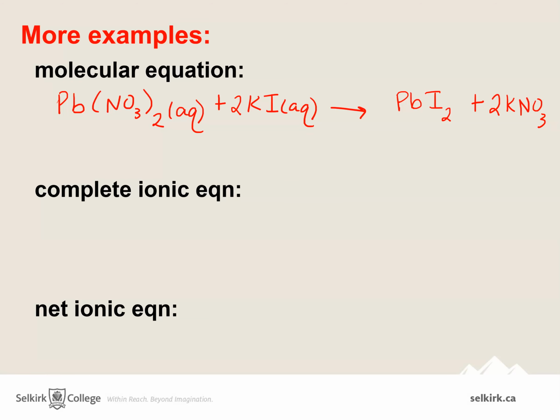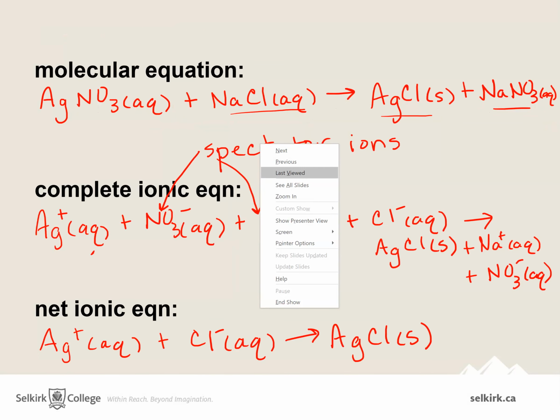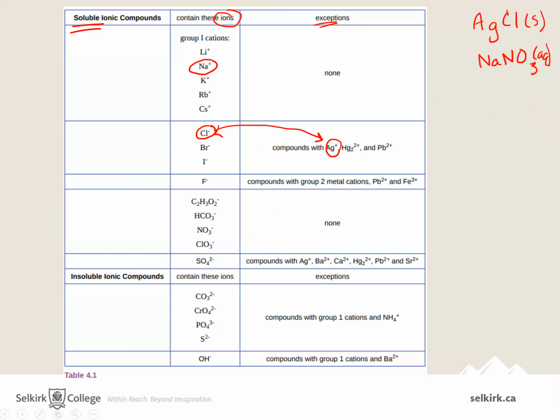All right, now we saw that this made a yellow precipitate. Which substance is the yellow precipitate? Lead 2 iodide or potassium nitrate? We need to go back to the slide of solubility rules, and now we're going to look for lead 2 iodide and potassium nitrate.